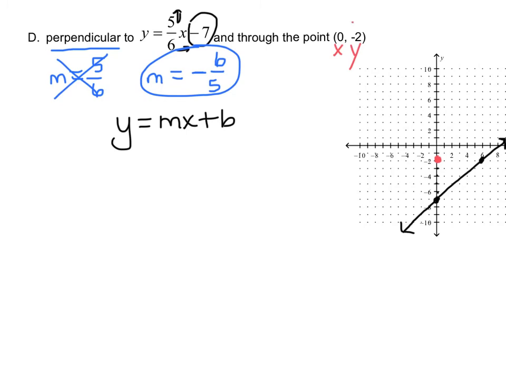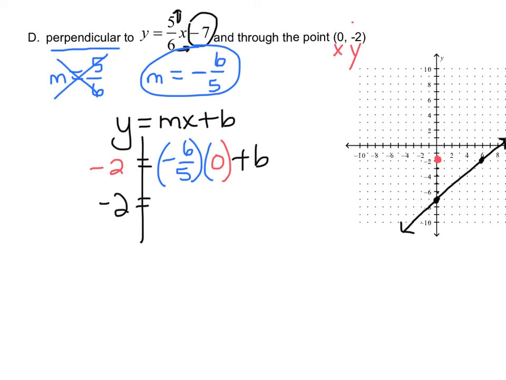For y, we will plug in -2. Our slope, we will use -6/5. Our x is 0, and we'll solve it for b. Anything times 0 is 0, and so the y-intercept is -2.